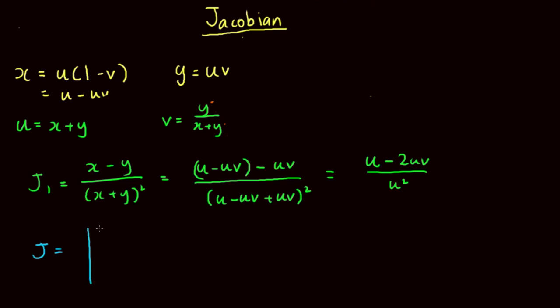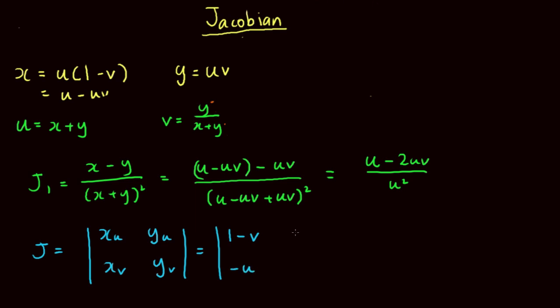Supposedly, xu would become what? 1 minus v. Okay, whereas xv would become negative u.